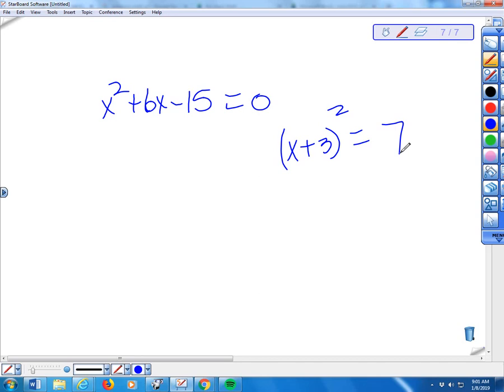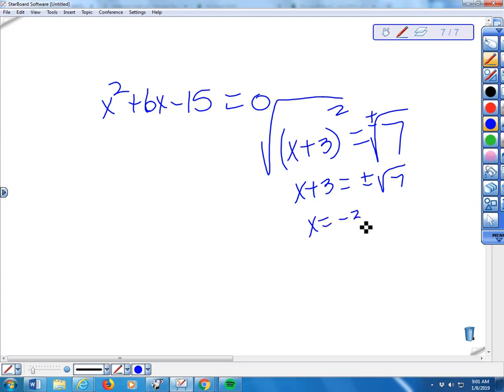Take the square root of both sides. I take the square root of this and the square root of this, plus or minus. X plus 3 equals plus or minus the square root of 7. Then I subtract 3. And I've solved it.